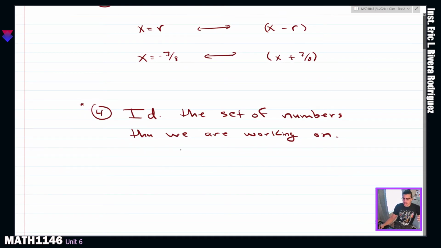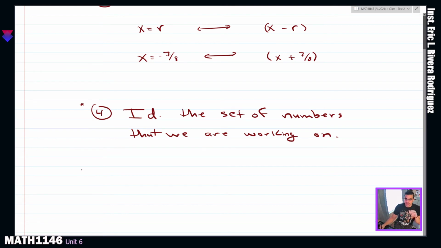You might have seen this before in your classes. But I just want to emphasize this because it is crucial to this unit, because we are going to identify zeros, and those zeros could be real numbers, irrational or rational numbers, or it could be imaginary numbers.